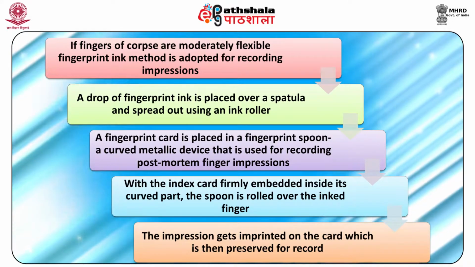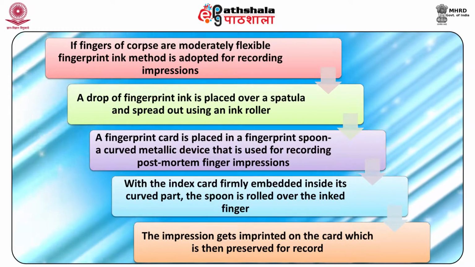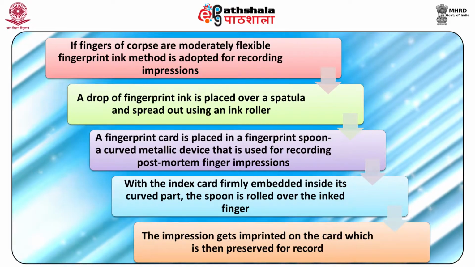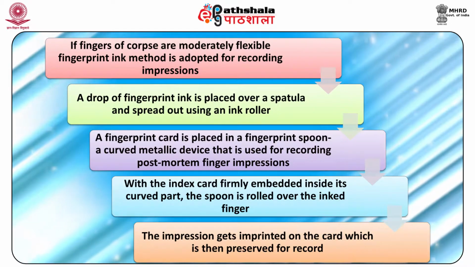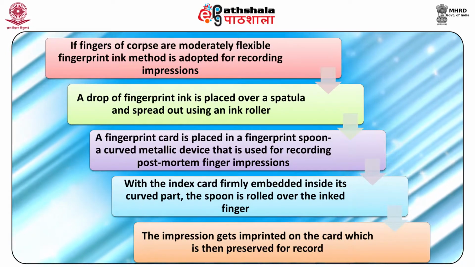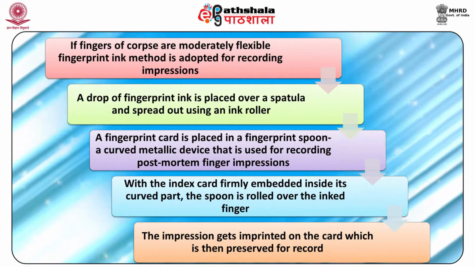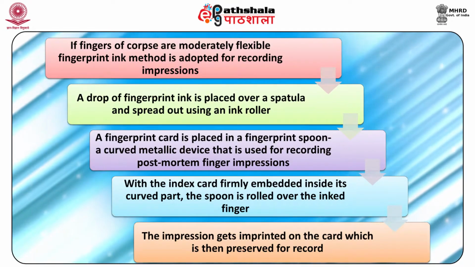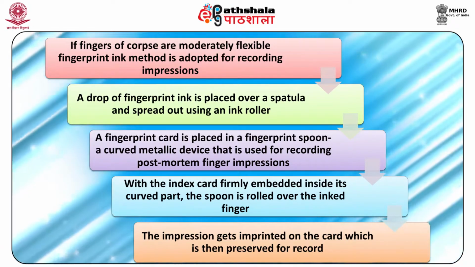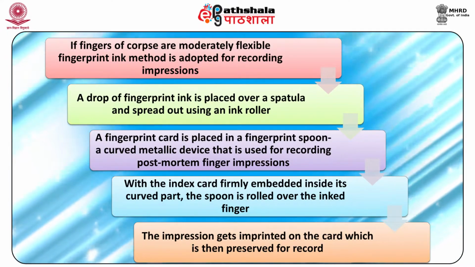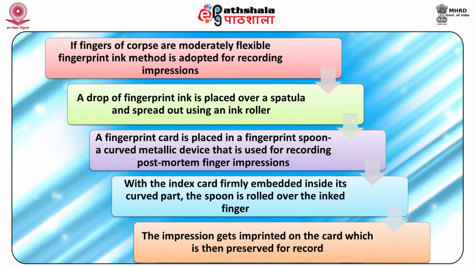A fingerprint card is next placed in a fingerprint spoon. The latter is a curved metallic device that is used for recording post-mortem finger impressions. With the index card firmly embedded inside its curved part, the spoon is rolled over the inked finger.